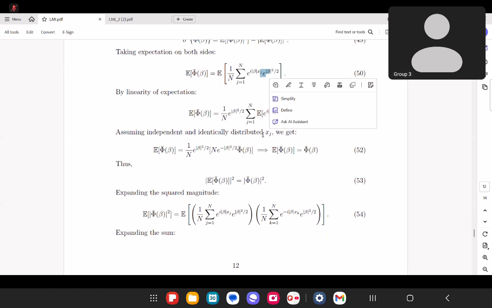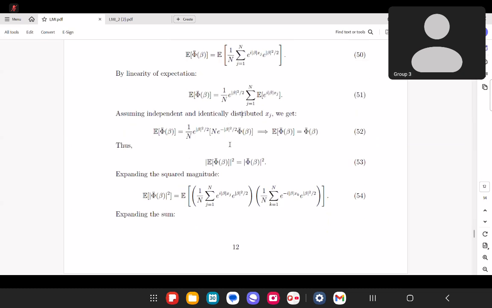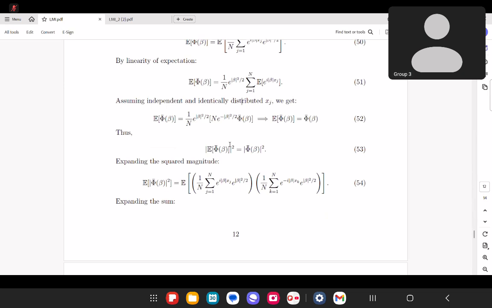Now, what is the expectation value of e to the power i beta xj? If we assume the xj's to be independent and identically distributed, the expectation value of each of these will be just phi of beta times e to the power minus beta square by 2.